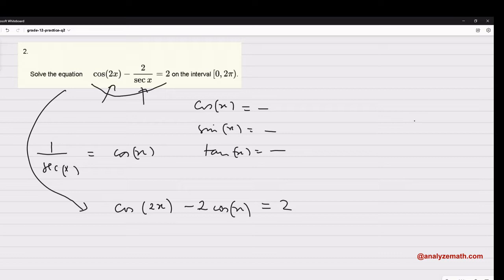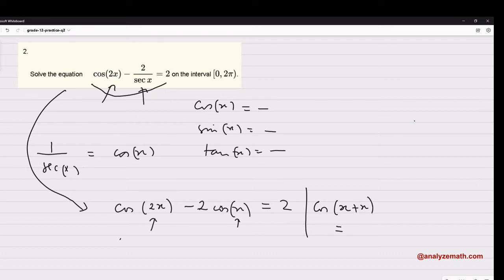So the denominator has gone, but we still have a problem: 2x here and x here. It's always easy to transform something with 2x into x. So let's have a look at cosine 2x. I can write it as cosine of x plus x.